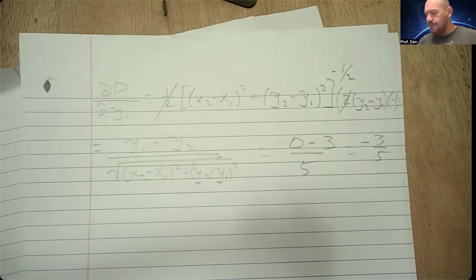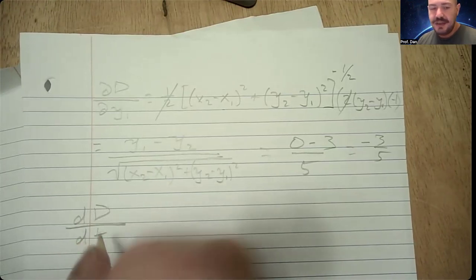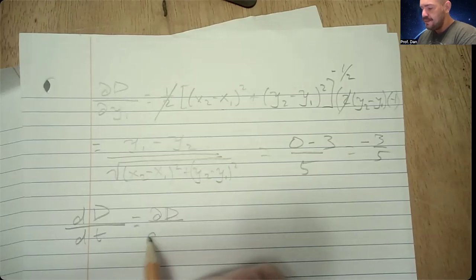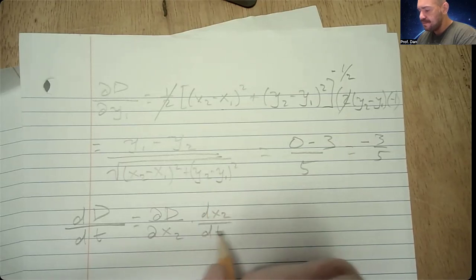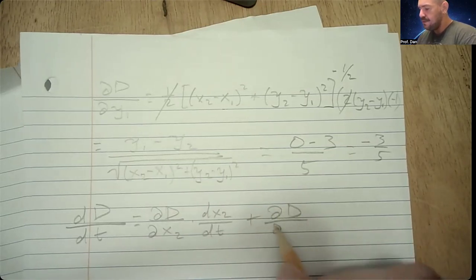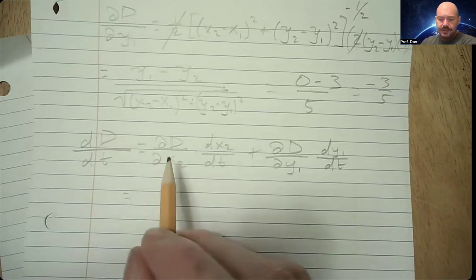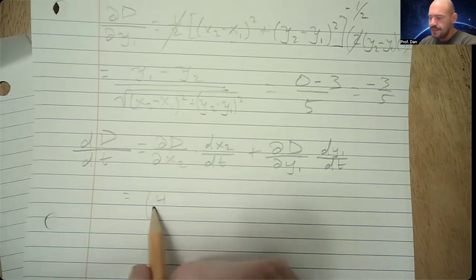So using the parts that are remaining, we know that the rate of change of the distance with respect to t is going to be equal to the partial of the distance with respect to x2 times dx2/dt, plus the partial of the distance with respect to y1 times dy1/dt. If I plug in the numerical values that I found for each of these, we know that that partial for this one worked out to 4/5.